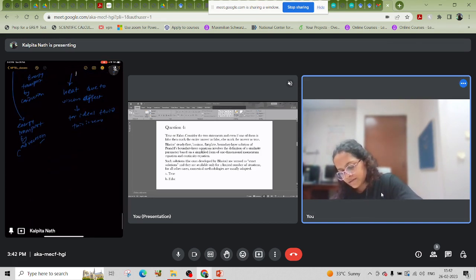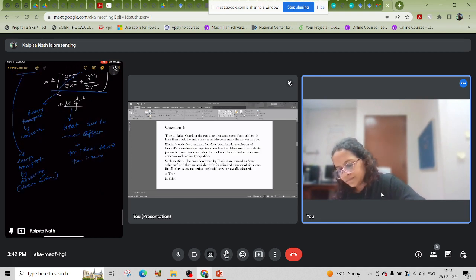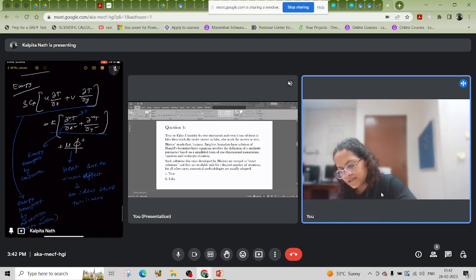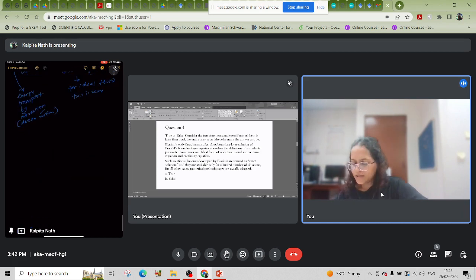Advection means due to motion. This cancels out because del T/del y is far greater than del T/del x. Obviously the change of temperature in the y direction is more as compared to x.